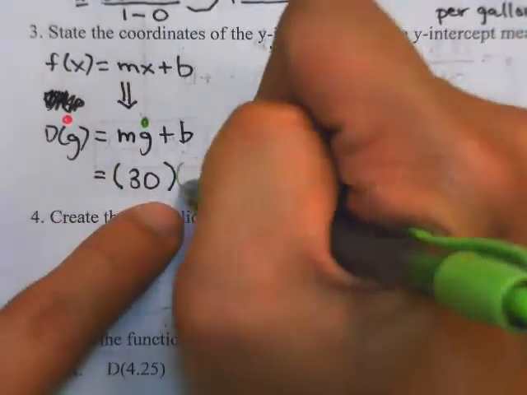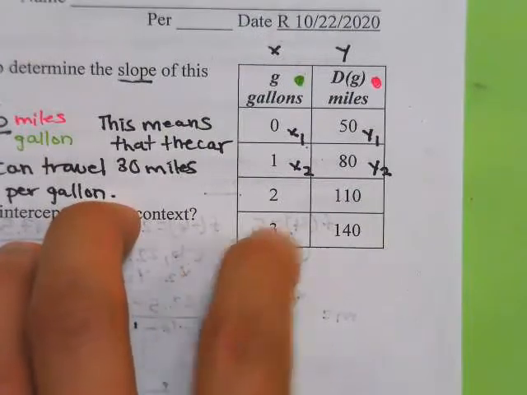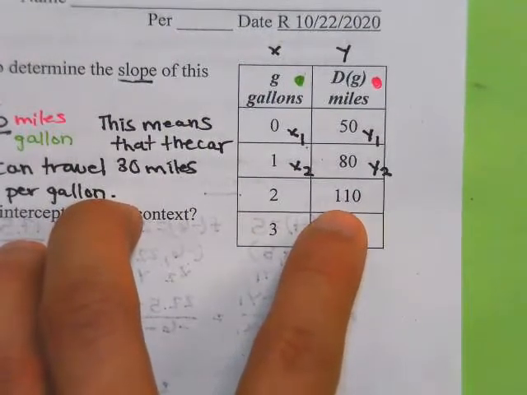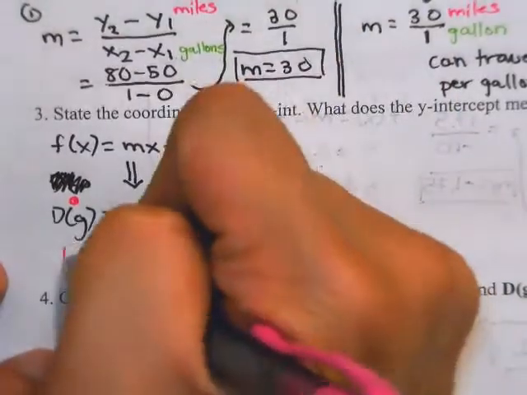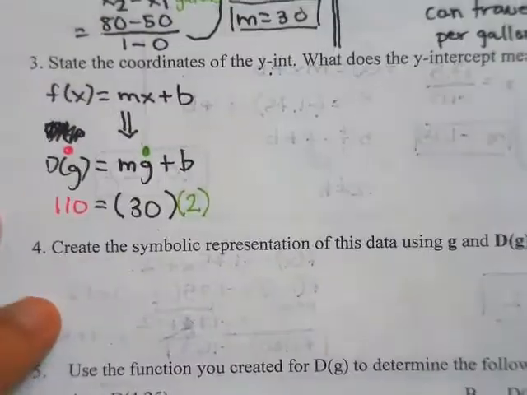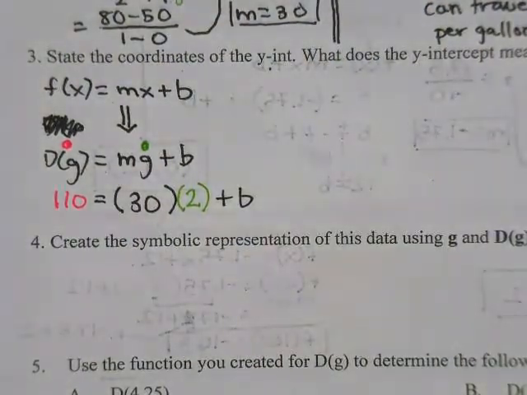The g. Very good, which is your x. Since we heard 2 first, what has got to be your d of g, or your y value? 110. You cannot pick and choose. It has to be 110. So 110 goes over here. You could have also picked the other coordinates and it will come out the same.